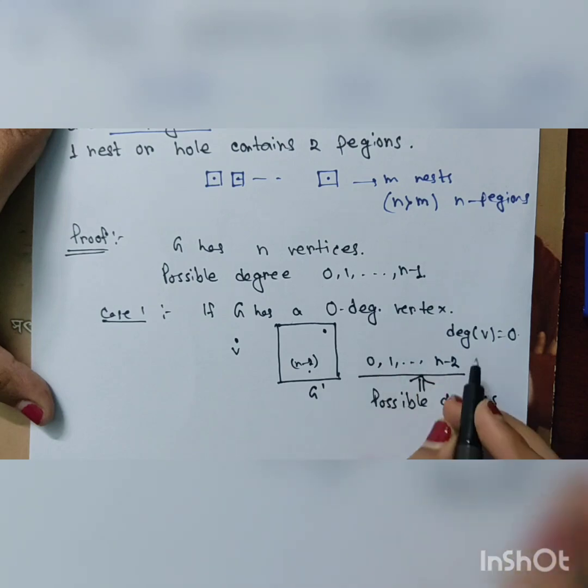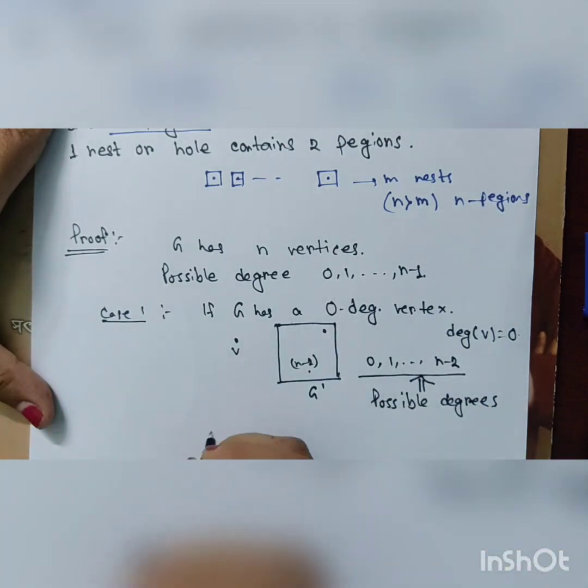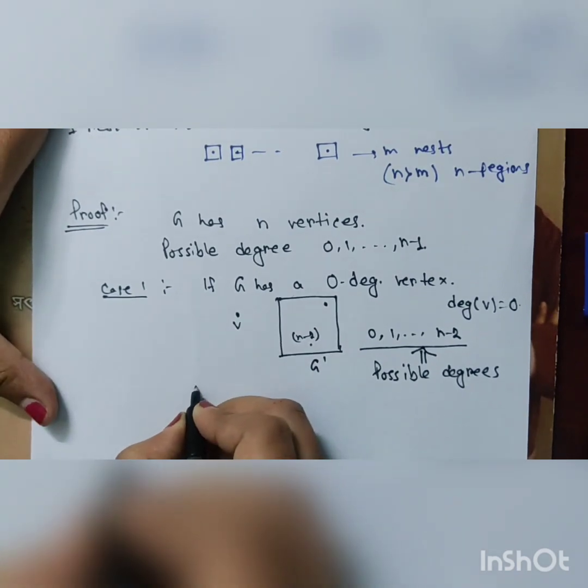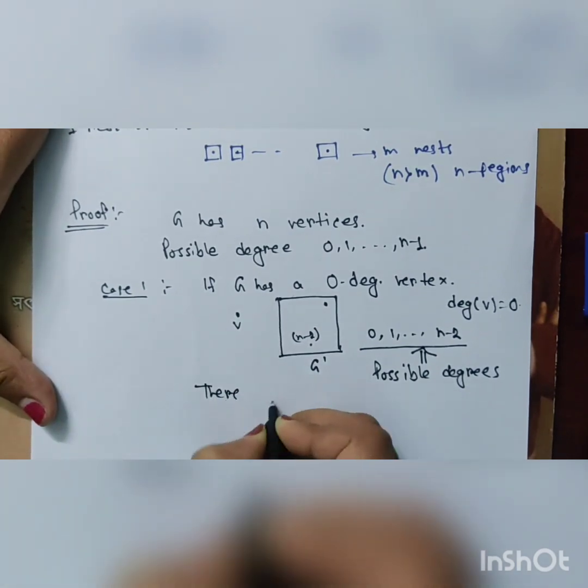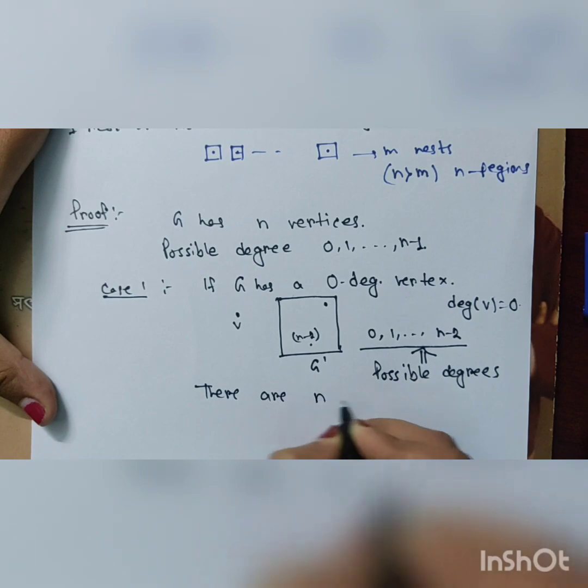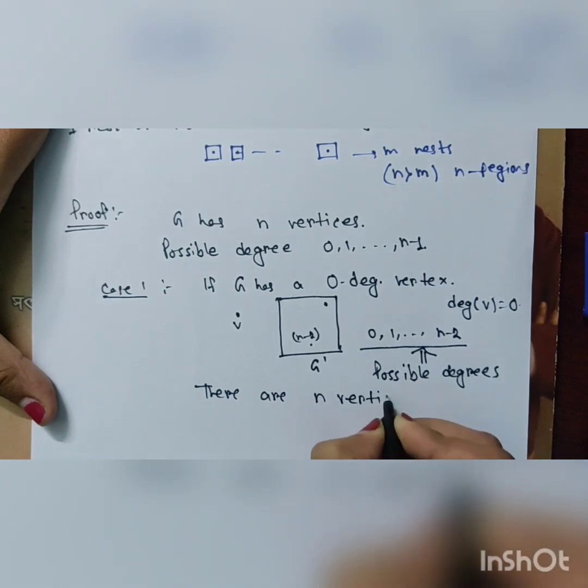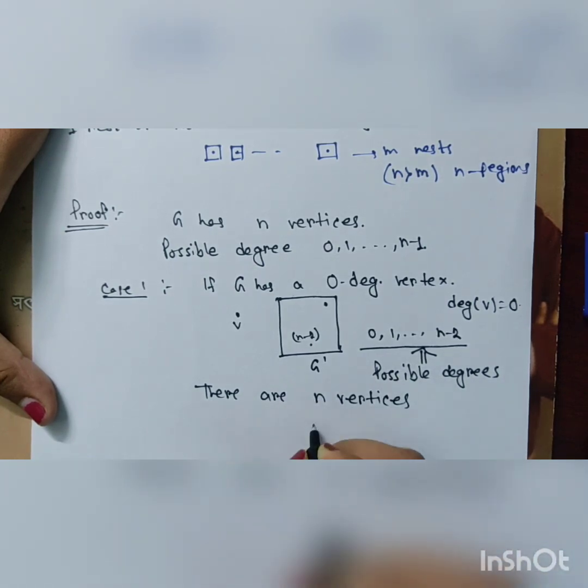So there are total n minus 1 numbers, and there are total n vertices. So there are n vertices and n minus 1 possible degrees.